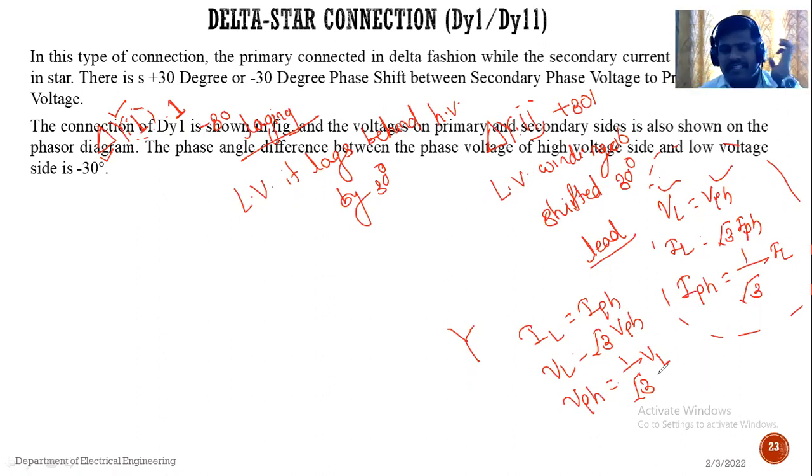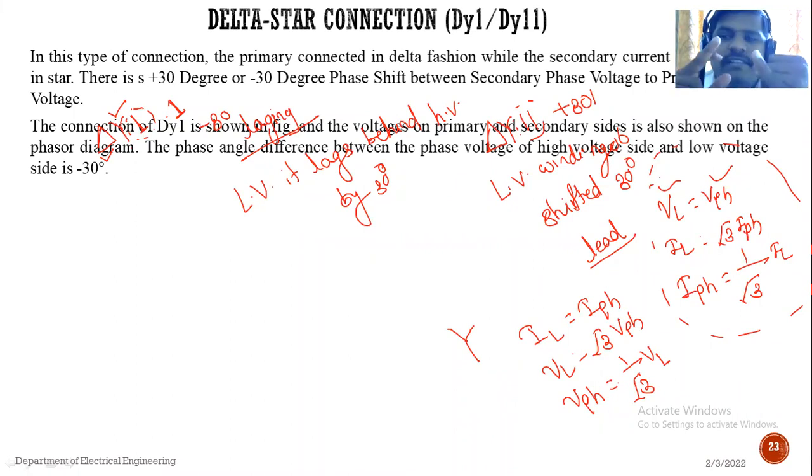These are the basic relations you already know. The primary is connected in delta and the secondary in star, and there is a plus 30 degree or minus 30 degree phase shift between the secondary phase voltage and the primary phase voltage.